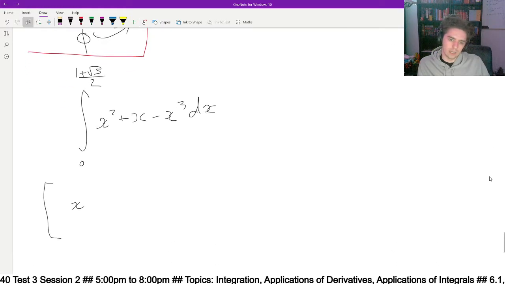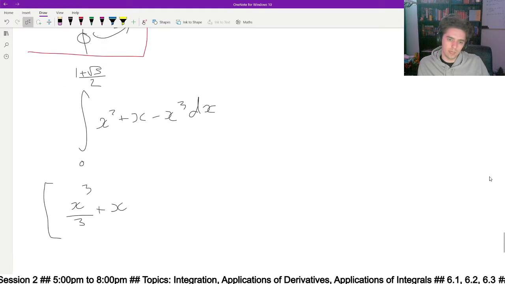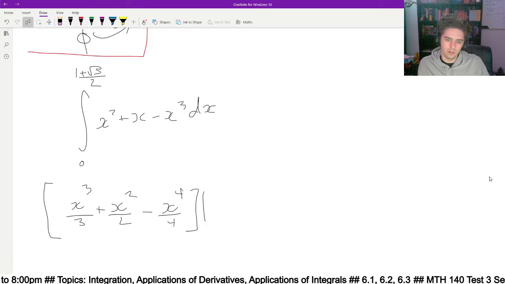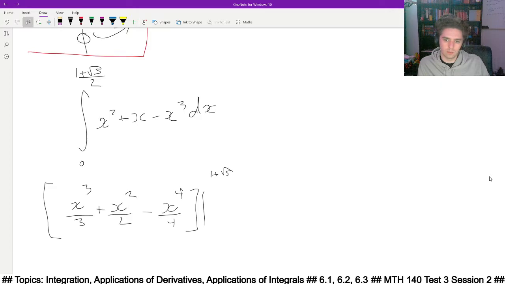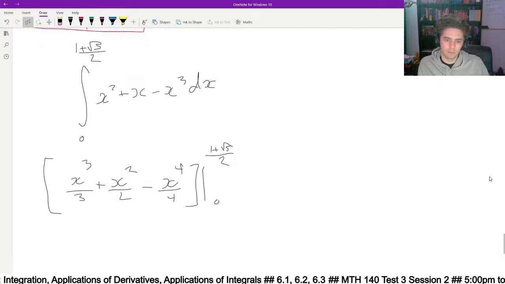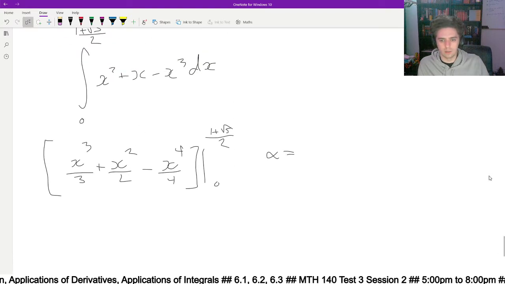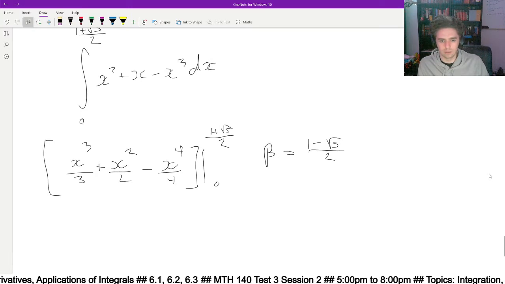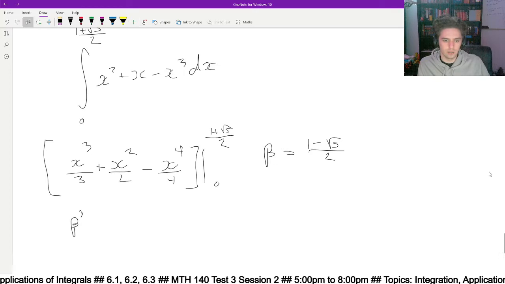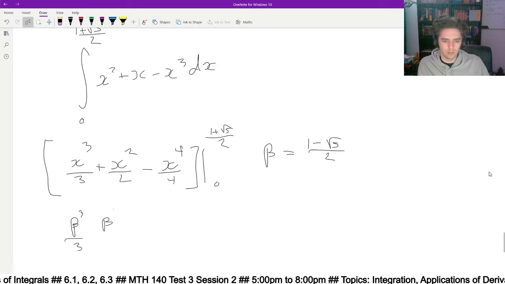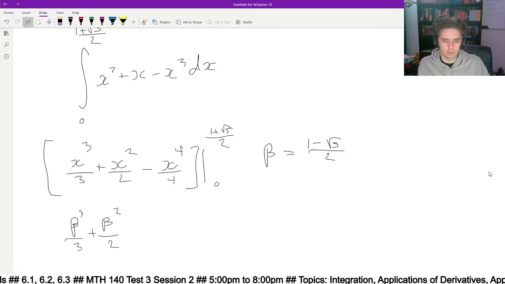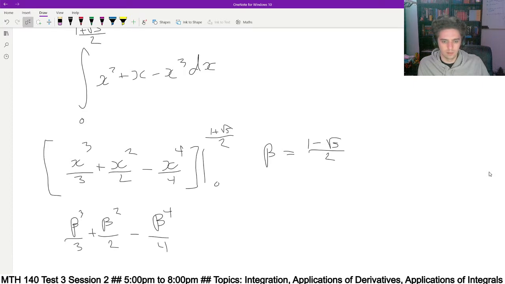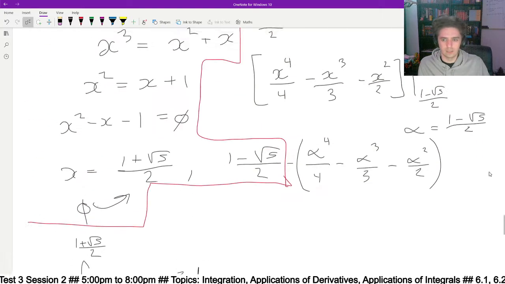And so the integral is x cubed over 3 plus x squared over 2 minus x to the 4 over 4, evaluated from 1 plus root 5 over 2 to 0. So again, I shouldn't call it alpha now. Beta equals 1 plus root 5 over 2. So this is beta cubed over 3 plus beta squared over 2 minus beta to the 4 over 4. So it's that minus that.